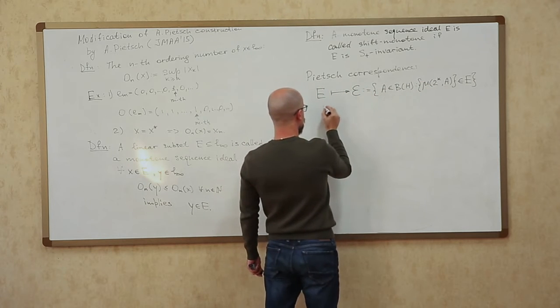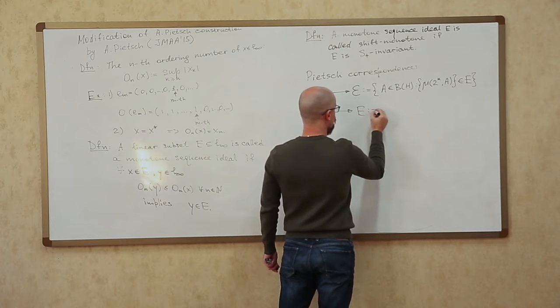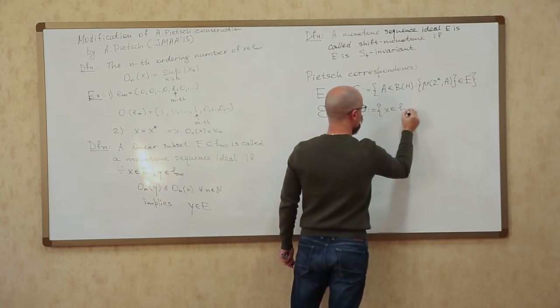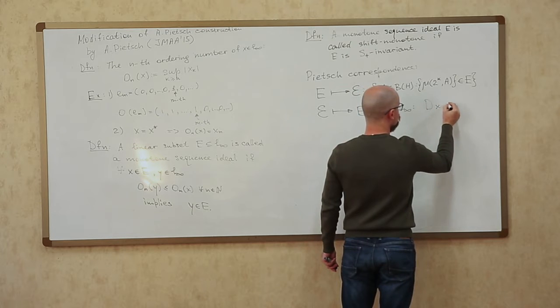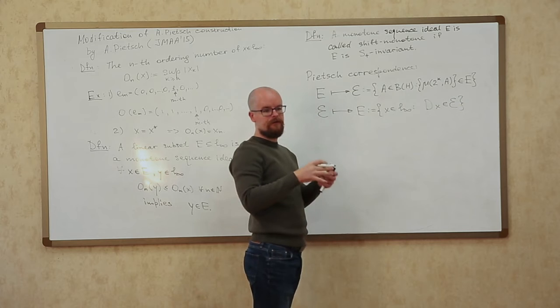The other way around, E consists of all bounded sequences x such that the operator D_x belongs to P, where the operator D_x is just the dyadic dilation.